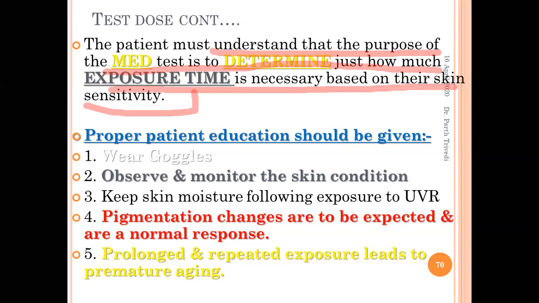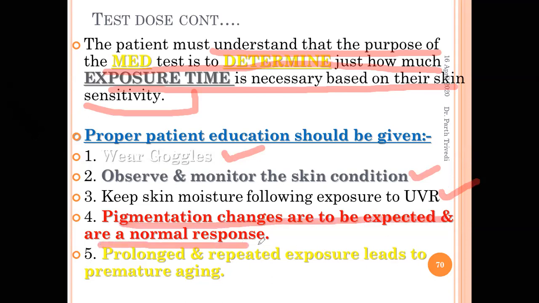Okay, so what things are we supposed to do? The patient is supposed to wear goggles. Observe and monitor skin condition. Keep the skin moist before the exposure of UVR. Pigmentation changes are to be expected and are a normal response. This is nothing but your erythema. Prolonged and repeated exposure can lead to premature aging.